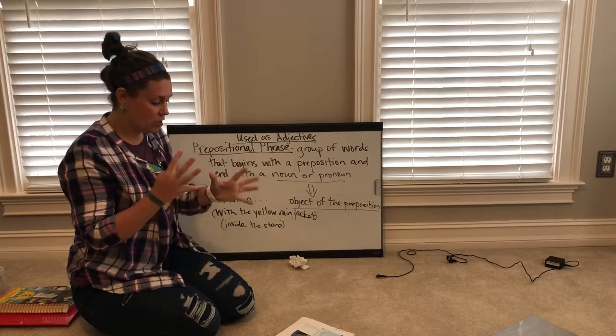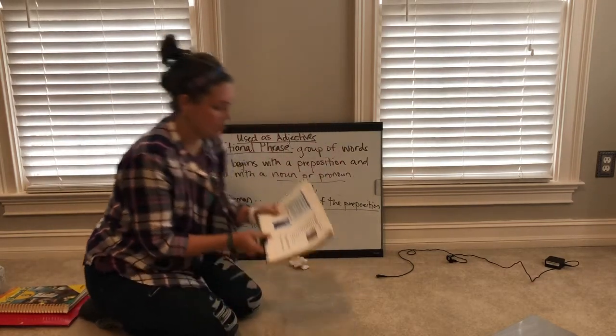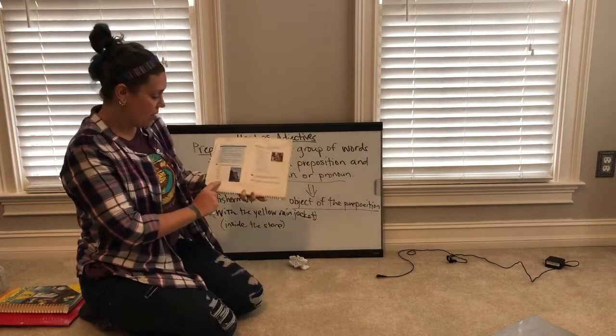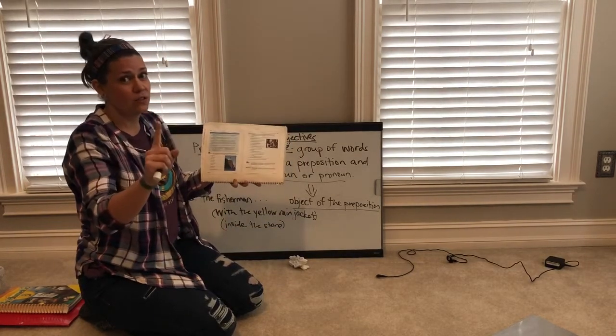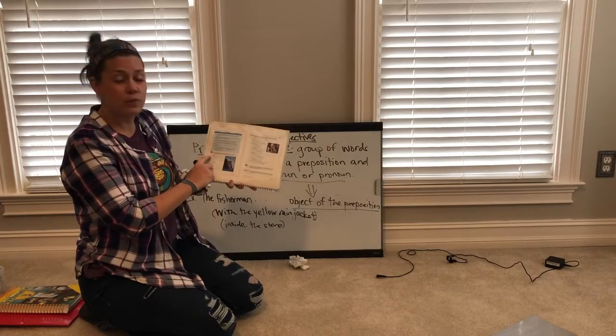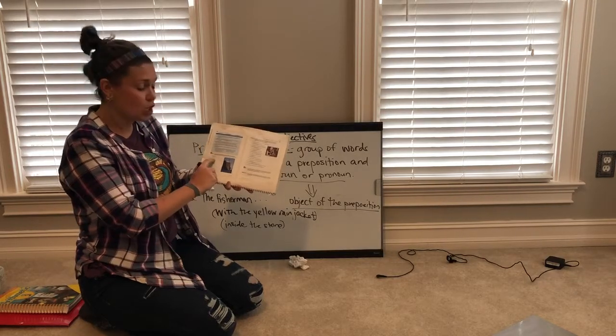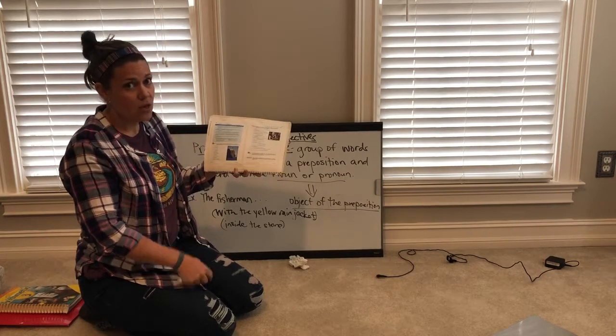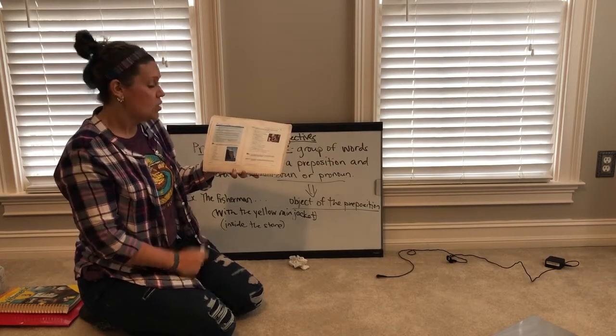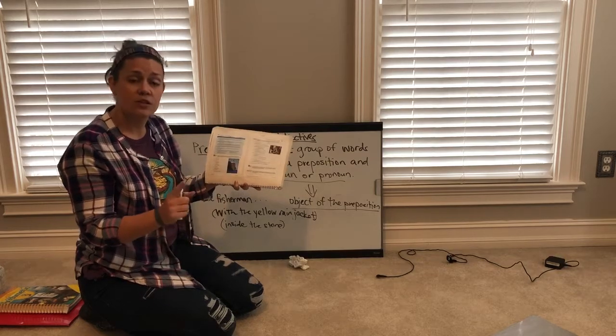We use those interchangeably. So your exercise on page 204 is you're going to practice giving me an entire prepositional phrase, so not just one adjective word, but a whole prepositional phrase that's going to describe these things. So let's try number one. The lighthouse. How could you describe the lighthouse using a preposition? Here's my example.